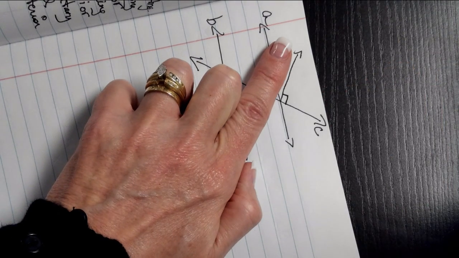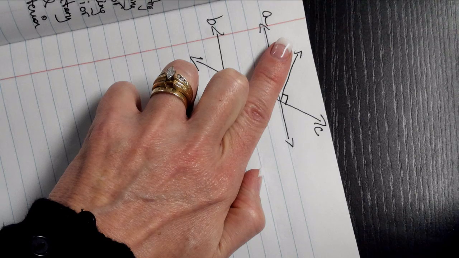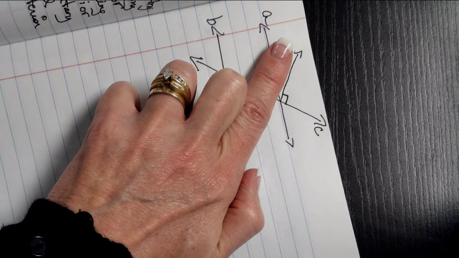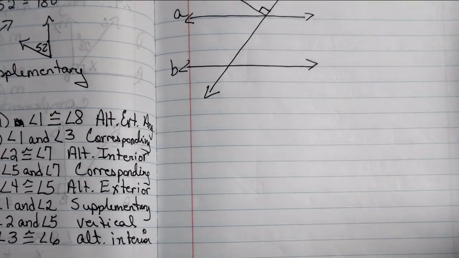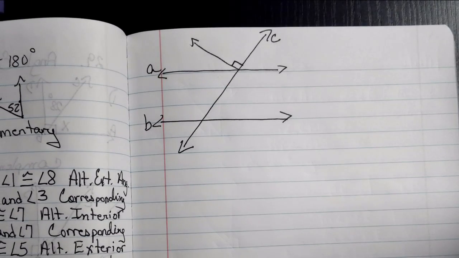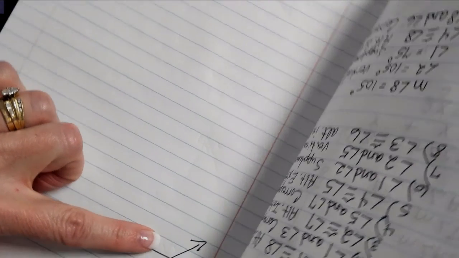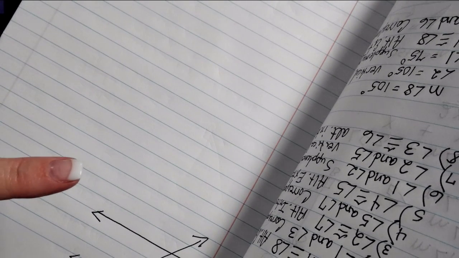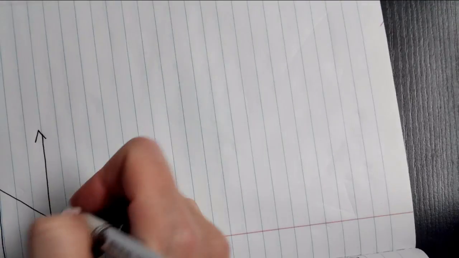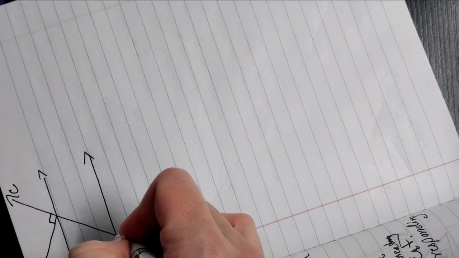Obviously, I didn't measure it, but if you tilt your head, you can kind of see it's close. All right, and I'm going to do the same thing down here. Wait a minute. Sorry, I'm not making you dizzy. I'm flipping my book.